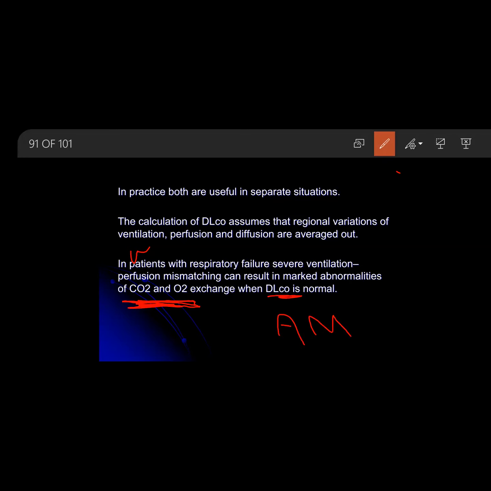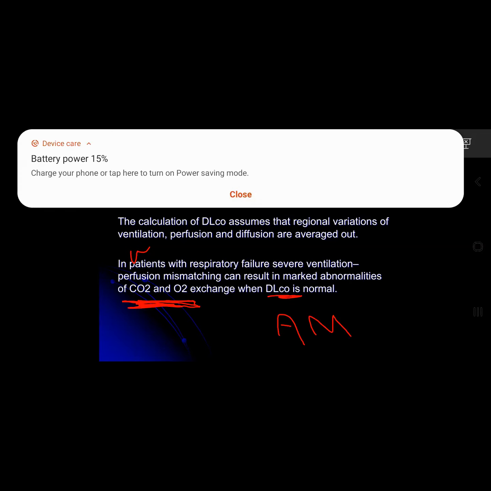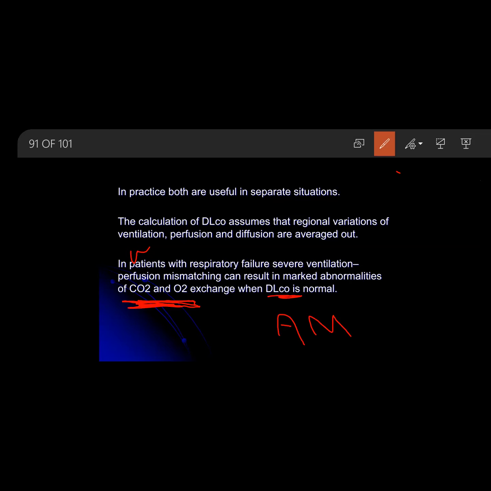So in the setting of ventilation perfusion mismatch, sometimes we can have a normal diffusion of carbon monoxide, but it still cannot give a good indication of the real situation of oxygen and CO2 exchange.